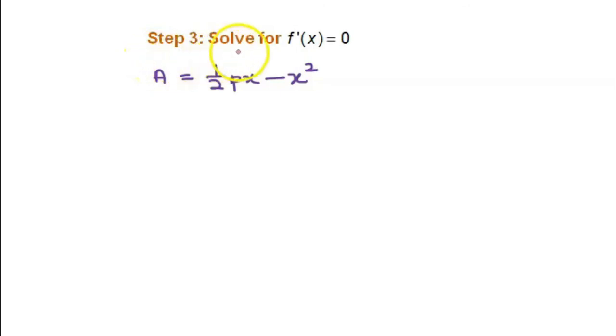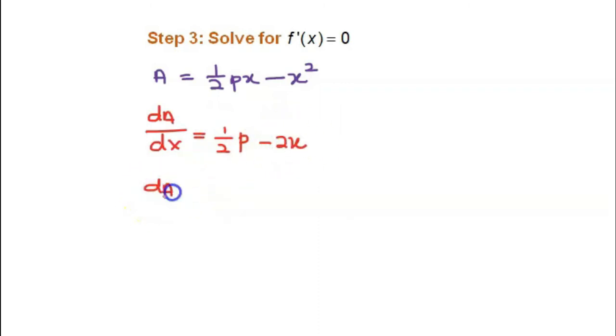In step 3, we will solve for f prime of x equals 0. As we have written A in terms of x completely, we are able to differentiate this function of A with respect to x, where for 1/2 Px, remember P is the constant parameter, therefore differentiating gives 1/2 (P minus 2x).